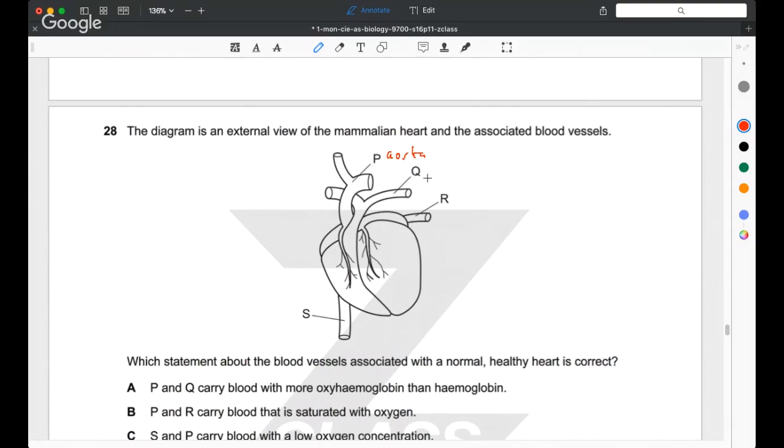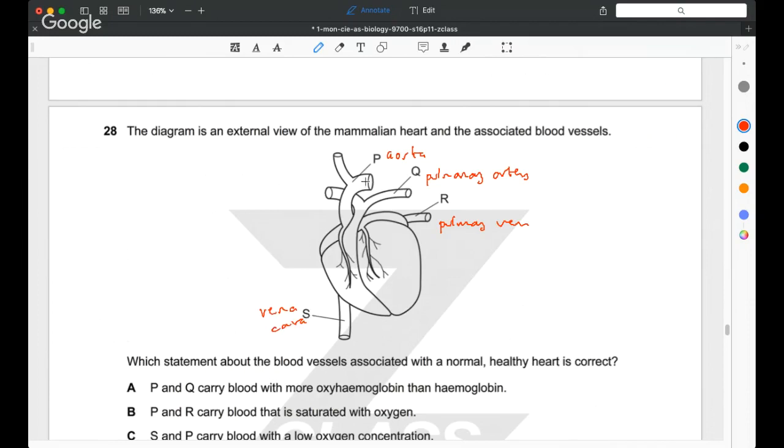Q is the pulmonary artery. R is the pulmonary vein. And S is then the vena cava here.